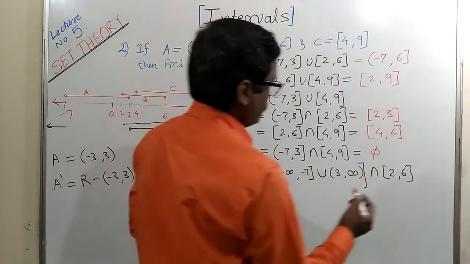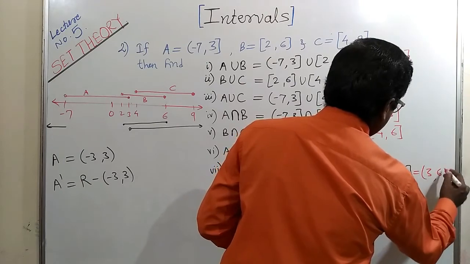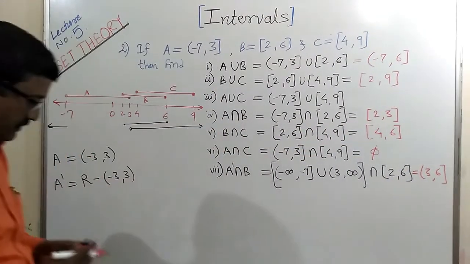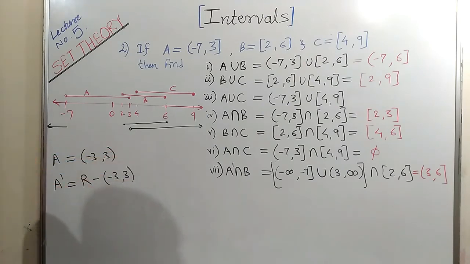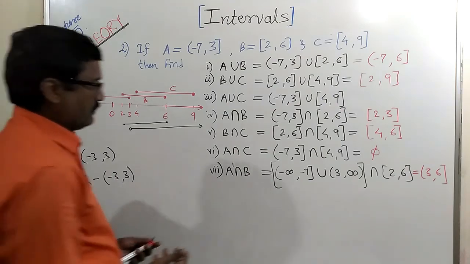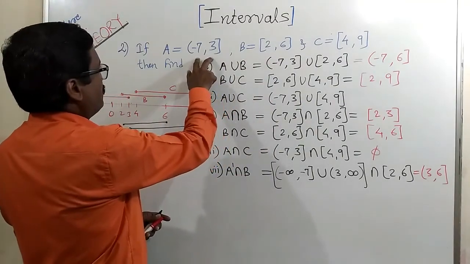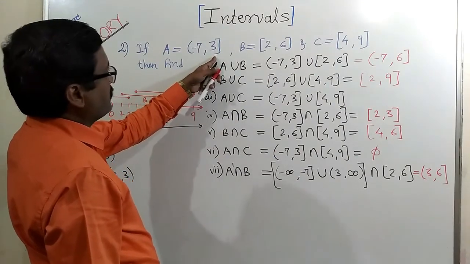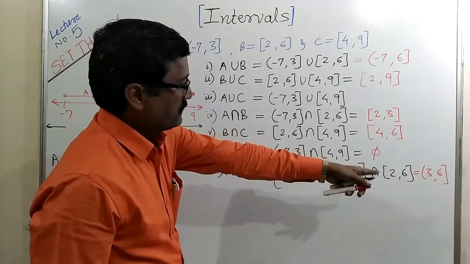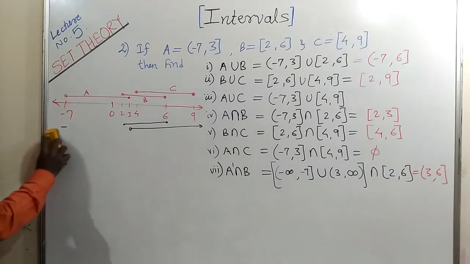Is it okay? So the answer will be open 3 to close 6. Is it clear? If you draw the figure, then you can easily write open 3 to close 6. Or if you observe these two intervals directly, the intersection of these two is greater than 3 up to 6. So open 3, close 6. Okay. Let us see the next one.